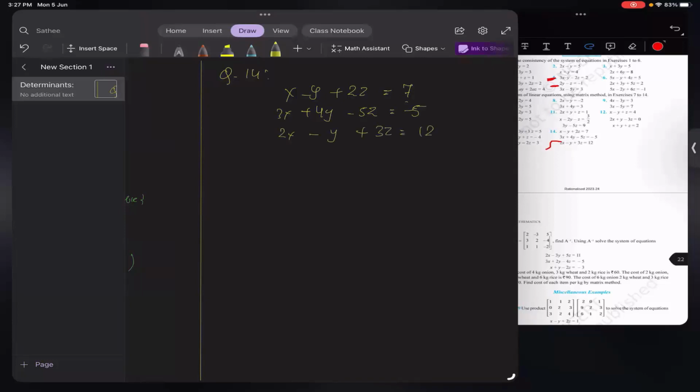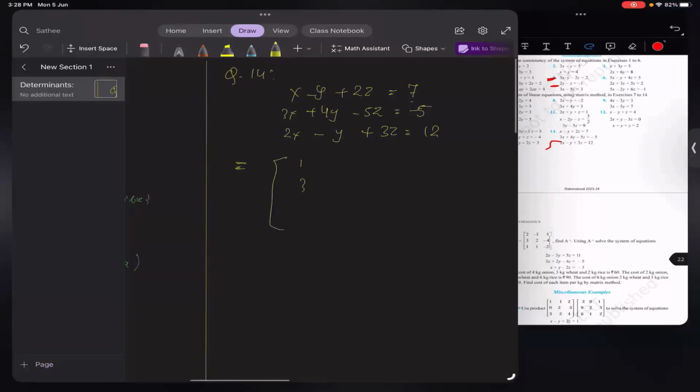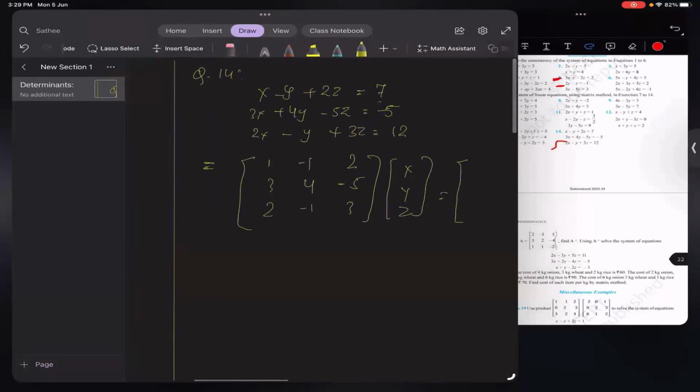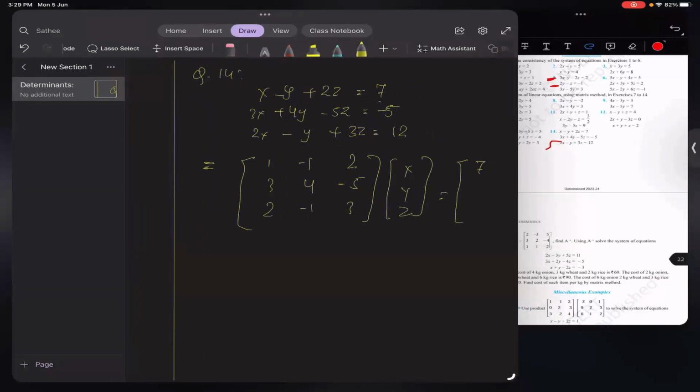We just have to perform the same thing. Our matrix would be 1, 3, 2, then minus 1, 4, minus 1, and 2, minus 5, 3, times x, y, z, equal to 7, minus 5, and 12.